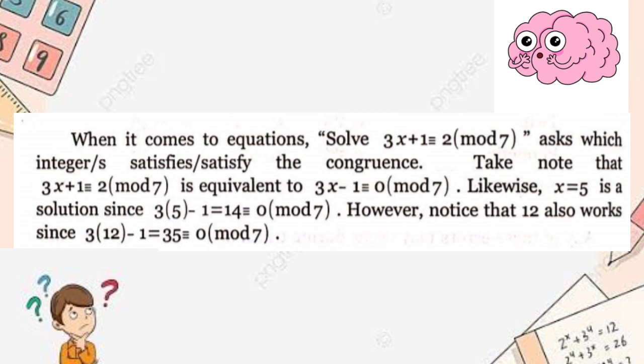Likewise, x equals 5 is a solution since 3 times 5 minus 1 is equal to 14, which is congruent to 0 modulo 7. However, notice that 12 also works since 3 times 12 minus 1 is equal to 35, which is congruent to 0 modulo 7.